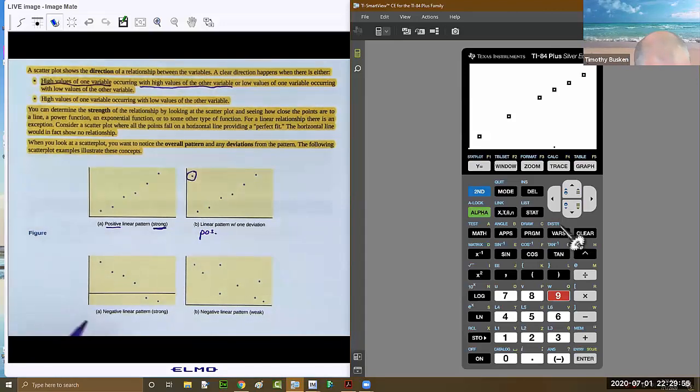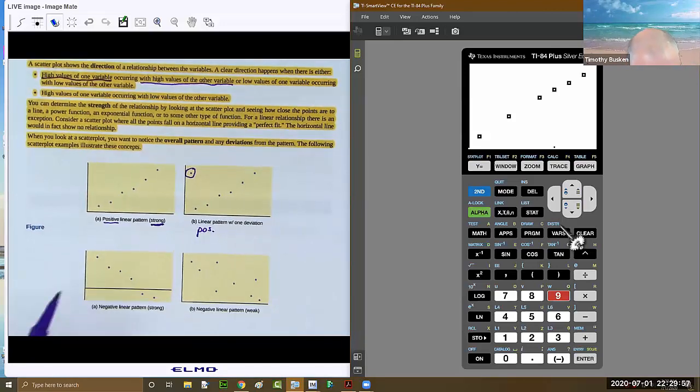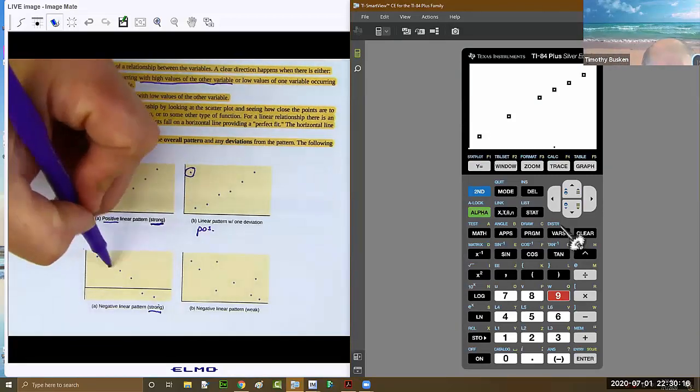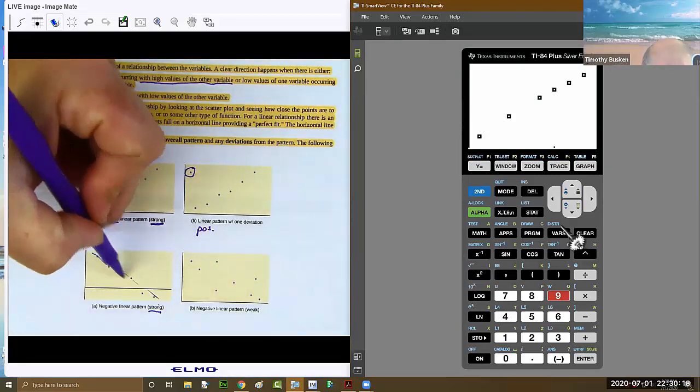And down here, you've got another figure. It looks like these points are trending downwards, and it looks almost like you could put a line in there, and those points wouldn't deviate much from the line, so therefore the strength of the relationship looks strong. And if you could put a line in there, that line would have negative slope.